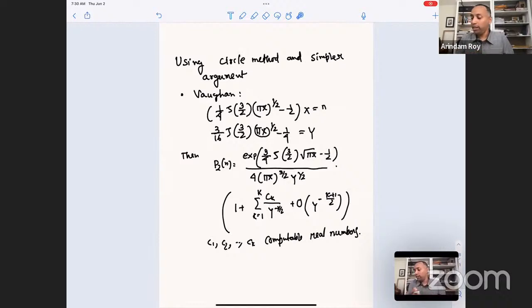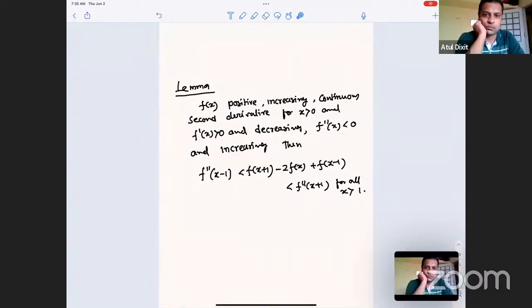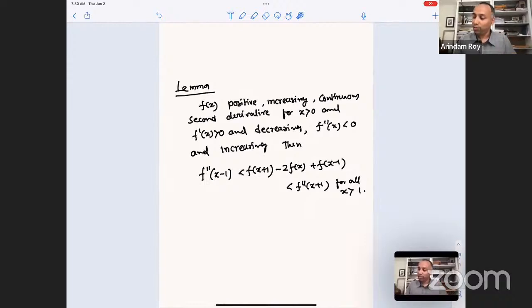So for n greater than capital N, p2(n), and not only p2(n), for any pk(n), you can get the hyperbolicity for degree 2. And also, I think we'll be able to get the degree 3 Jensen polynomial. And lastly, I just want to mention that in the proof, you just need that good asymptotic and a simple result from calculus: if you take an f which is a completely monotonic function, one can prove this relation that f double prime (x minus 1) is less than f(x plus 1) minus 2f(x) plus f(x minus 1), and it is also bounded by f double prime (x plus 1).